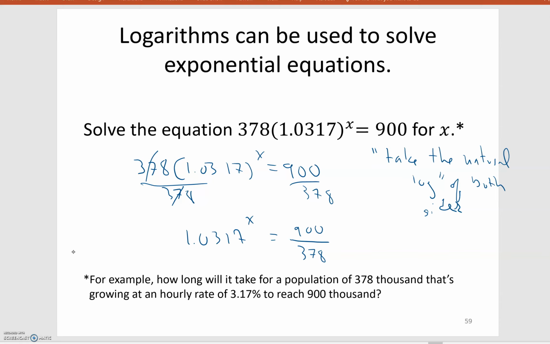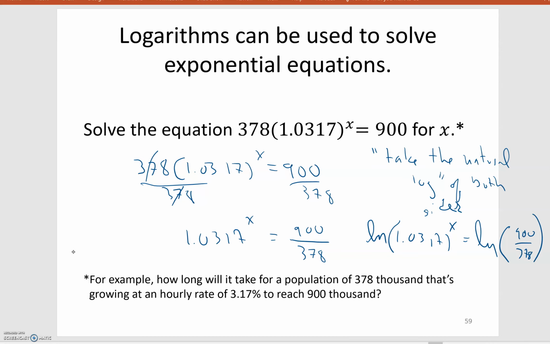When you do that, you don't change the equation. That's a legal mathematical move to make. So in other words, I'm going to do this: ln of 1.0317 to the x equals ln of this fraction, 900 over 378.